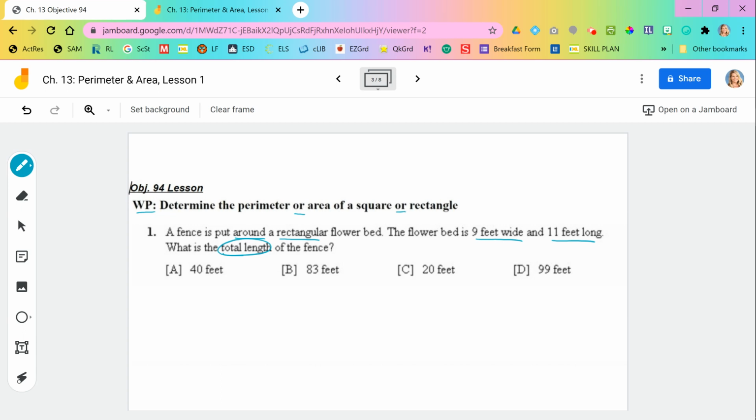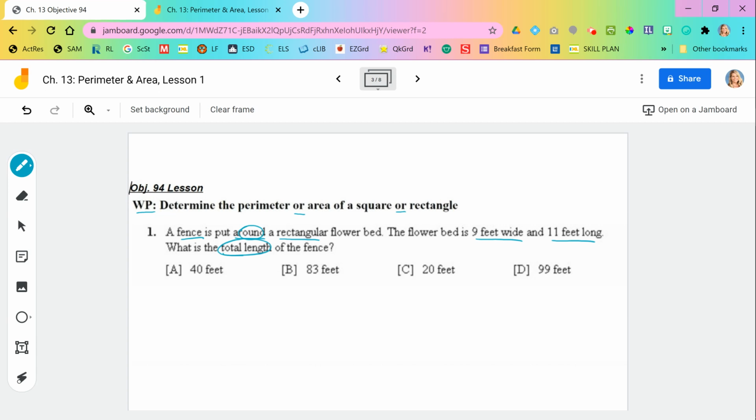All right, so back to this problem. We have a fence going up around a rectangular flower bed. By thinking about what a fence is and what it does, going around a rectangle, hopefully you know that on this problem we're going to be solving for perimeter.